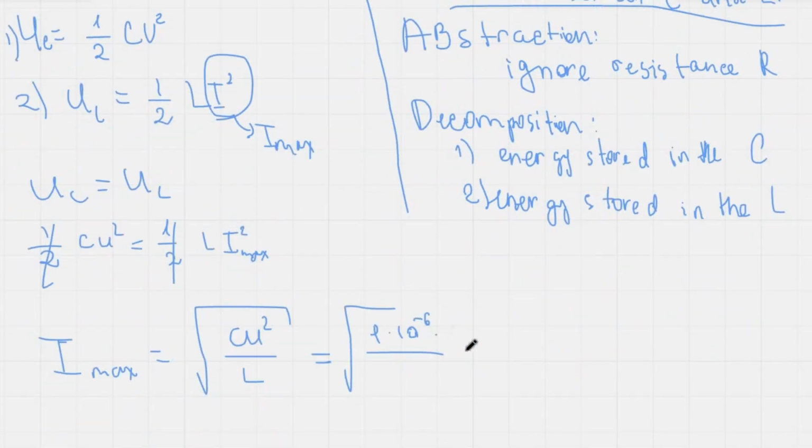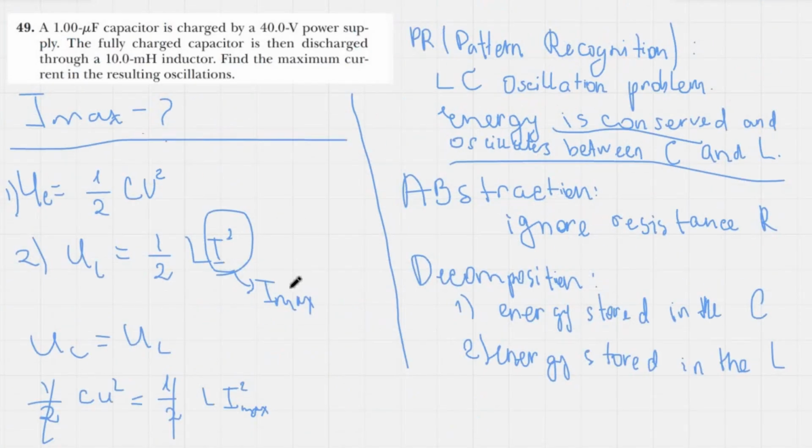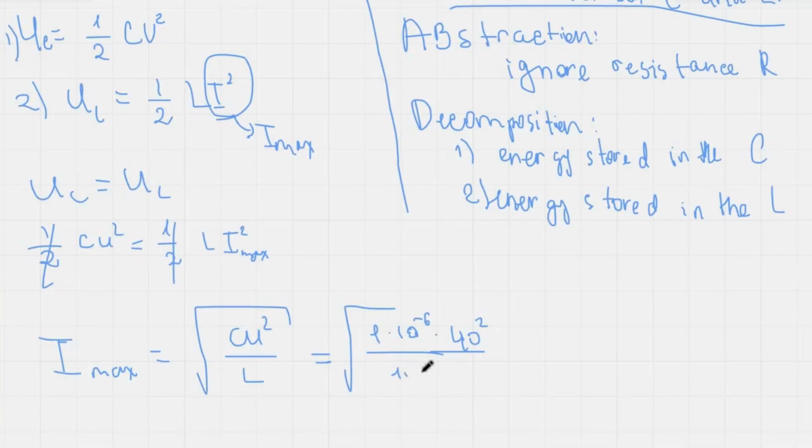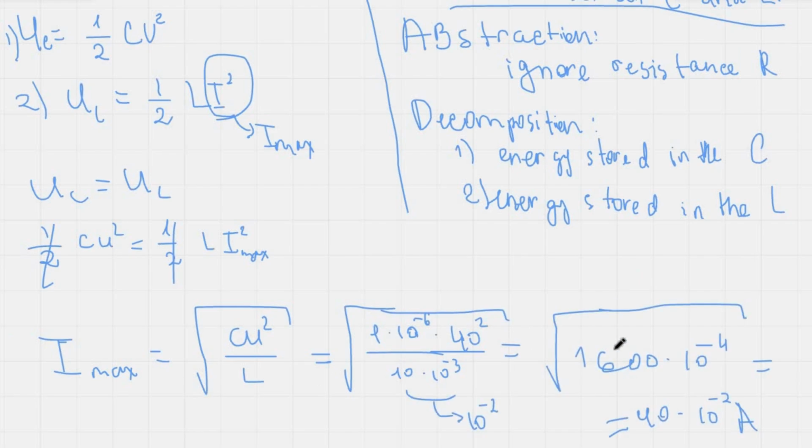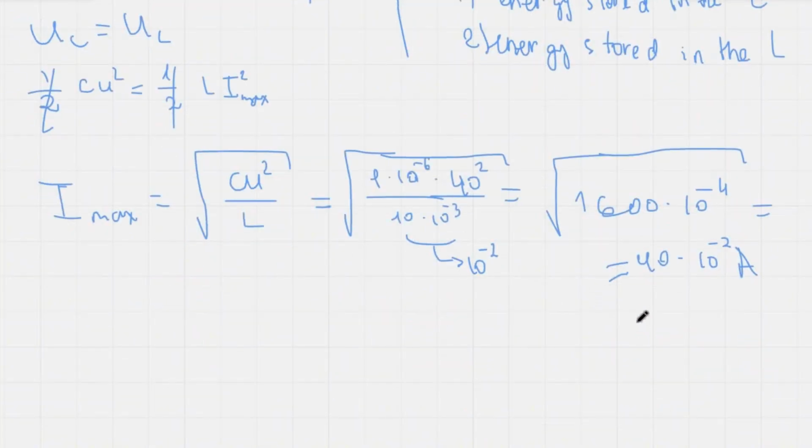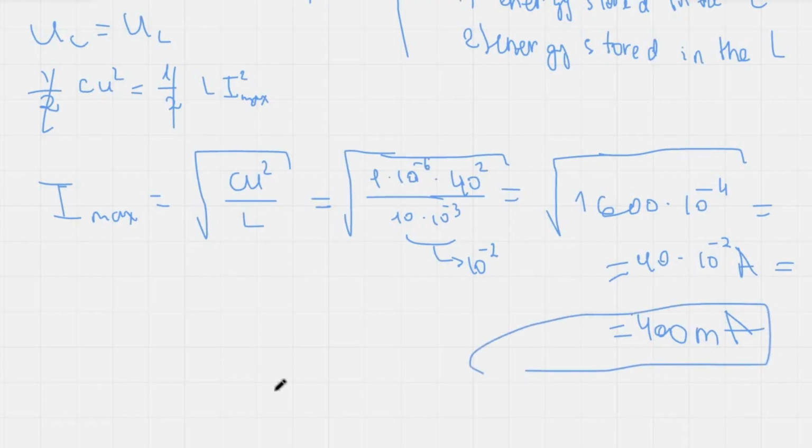We have 40 squared, divided by the inductor, which is 10 millihenry. Now let's calculate it. So here are the calculations. We can write it as 400 milliamperes. So it's our maximum current in this problem.